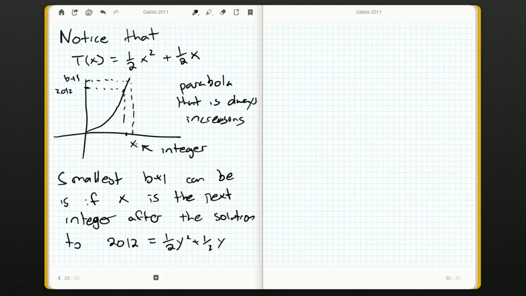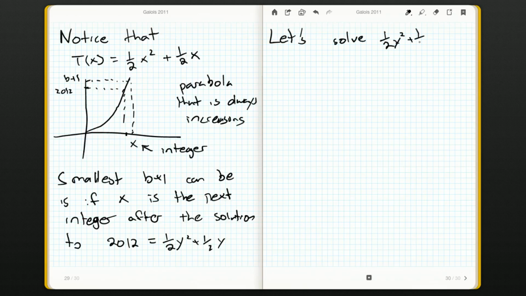So, let's solve half y squared plus 1 half y is equal to 2012. I haven't worked it out yet, but it might be that y is an integer, in which case that y will be the integer x that we're looking at. So let's multiply by 2.